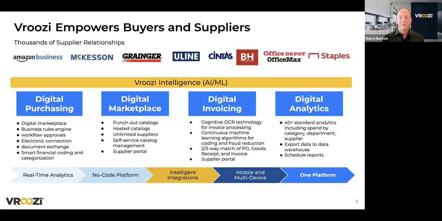We are a no-code platform. We are one single pane of glass. So we haven't Frankensteined and bolted things together. This is one code, one pane of glass, one login, and this is a true state-of-the-art, industry-leading P2P system.